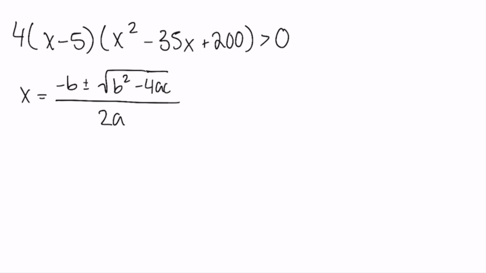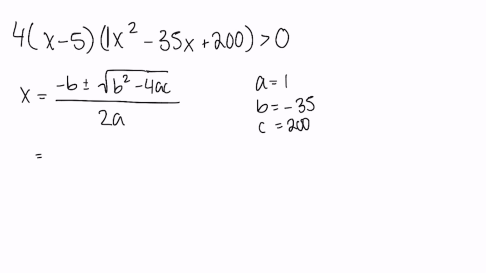Here a is the coefficient of the leading term, the x squared, which is just 1. So a equals 1, b is the coefficient in front of the x, so that's negative 35, and c is 200.